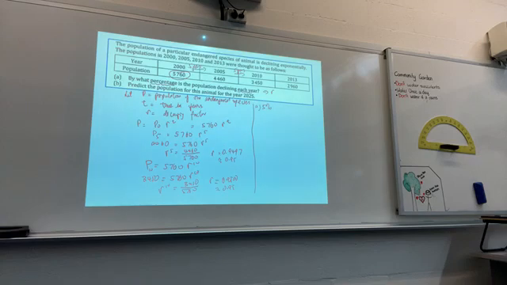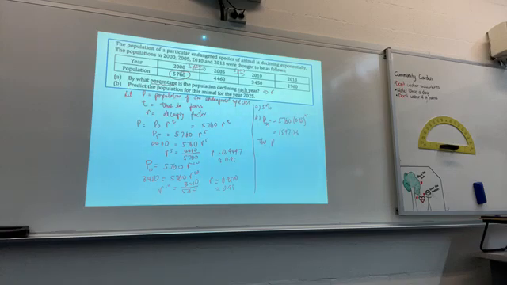So can you predict the population for this animal for the year 2025? 2025 is 25 years. So therefore P25 equals 5760 times 0.95 to the power of 25, which gives me about 1597.26.